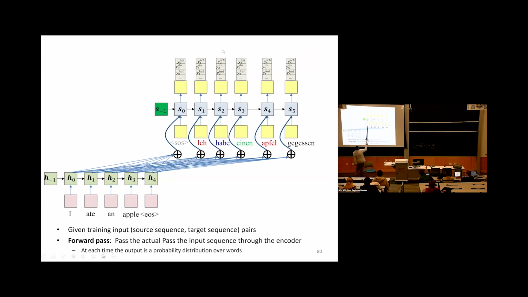Then at the very first time, you'd be passing in start of sequence, you get an output, and you'd be comparing it to the word ish. Then at the next time, you'd be passing in ish, get an output, and compare it to the word harbor, and so on. This is like training a language model, where you're giving all the words until the current word, and trying to predict the next word, which keeps getting updated as you go down the sequence, right?